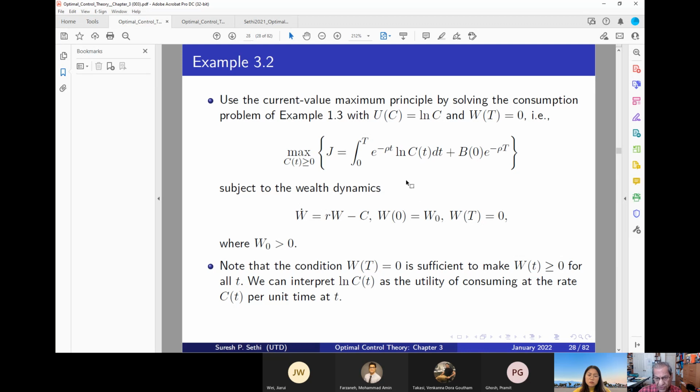It's only for comparison purposes. If that's the case, we know that no wealth is going to be left, and whatever wealth is going to be left will be 0, and the value of that is this. That's for comparison purposes again. If there was a bequest function, there may be a value for leaving 0. The guy may be very happy that he was so smart that he consumed all his wealth down to 0. But whatever.